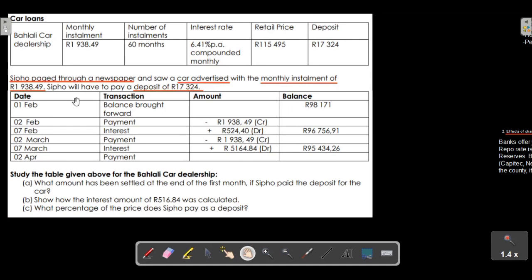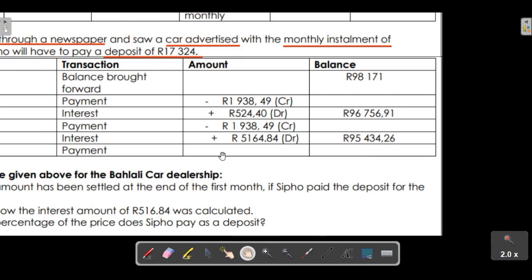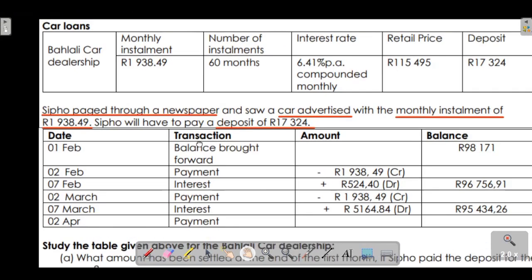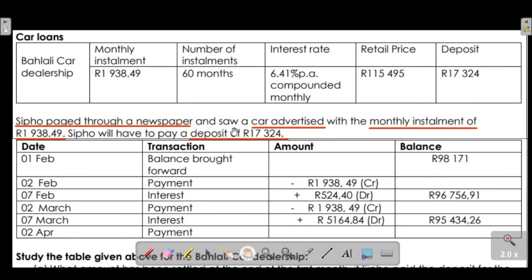So this one requires you to pay a deposit. Now that can be beneficial to you if you could not afford the monthly installments, because if you pay a deposit, they subtract that deposit from the total price, in this case 115,495.